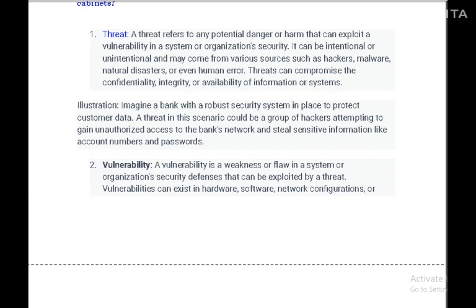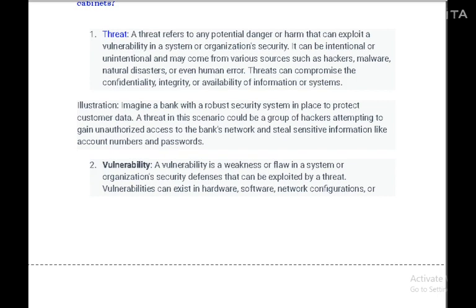It's an action that can harm and disrupt the process of an organization, or harm its security and expose sensitive information to unauthorized access by users who are not supposed to access the data. A threat can compromise the confidentiality, integrity, and availability of the information system.